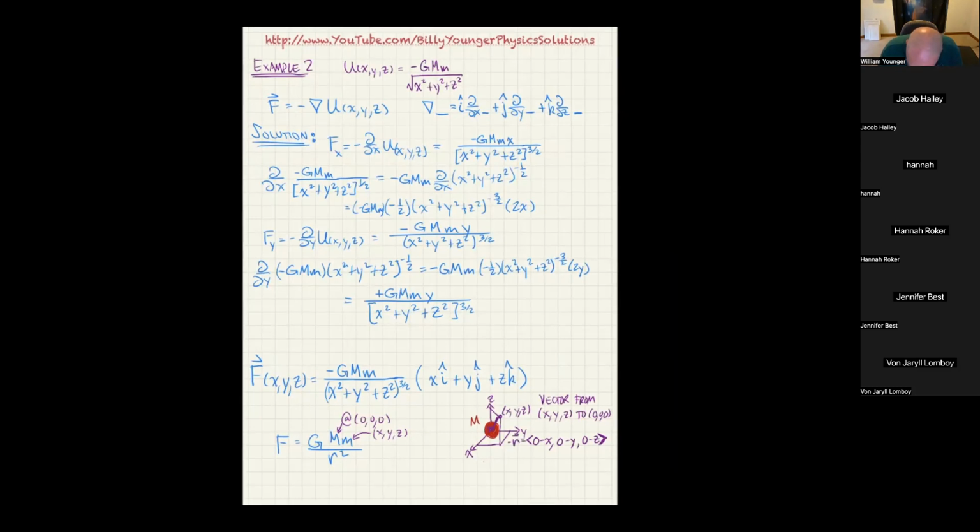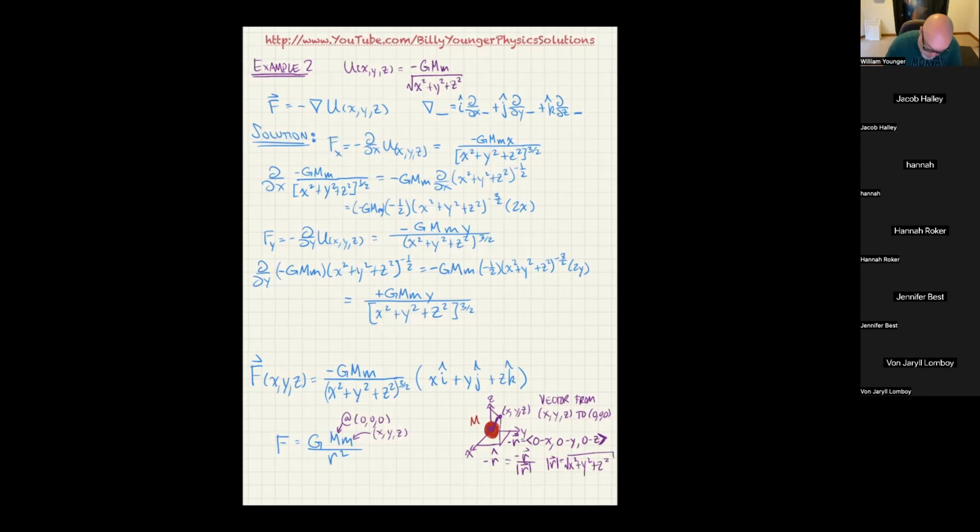What I want is negative R hat vector, which is defined to be R vector divided by the magnitude of R vector. I think you can all see that the magnitude of R vector is actually equal to the square root of x squared plus y squared plus z squared. Does everybody see that? I still have that negative out in front, by the way. Okay. So all I need to do is take this vector negative R, divide it by that square root, and that should give it to me.